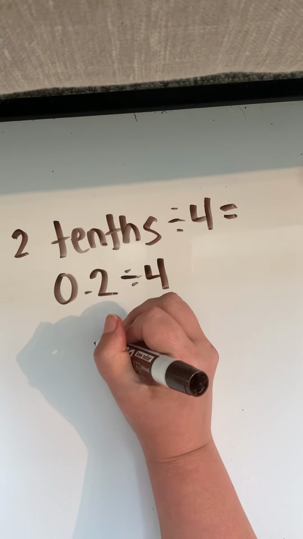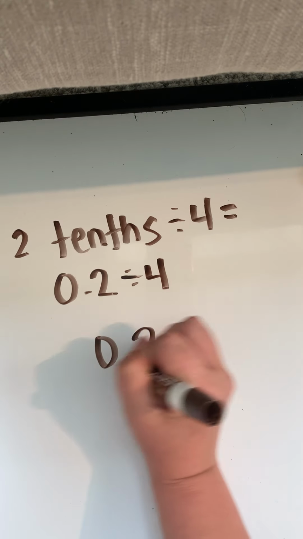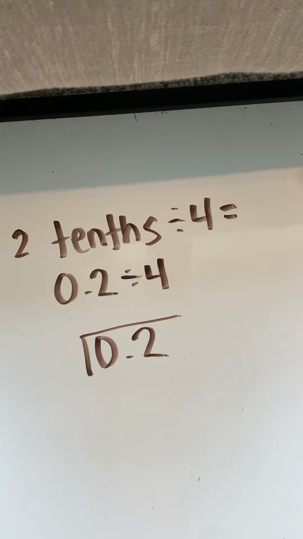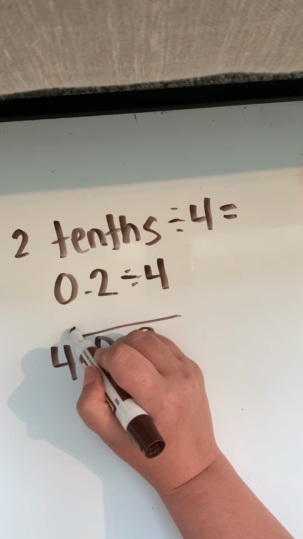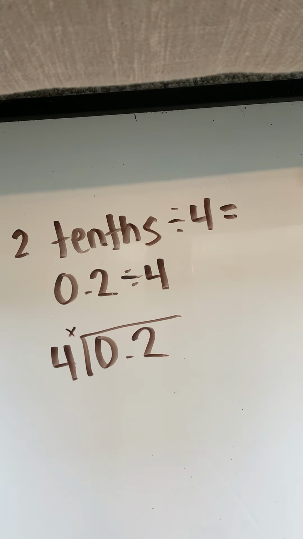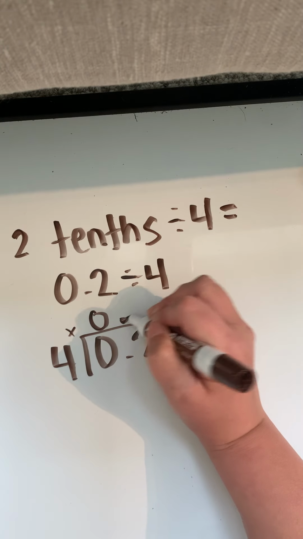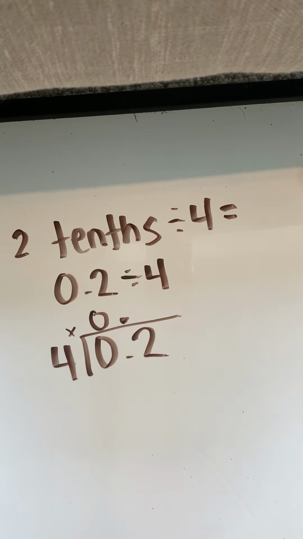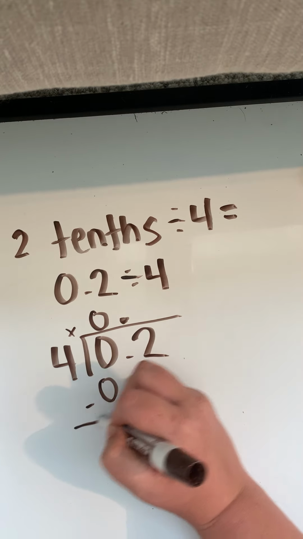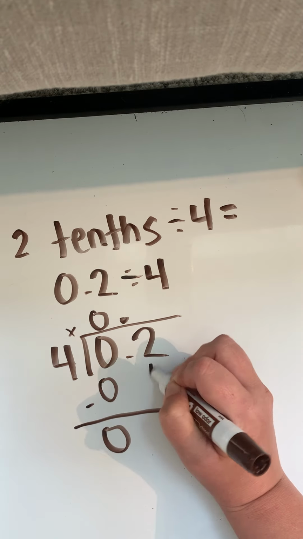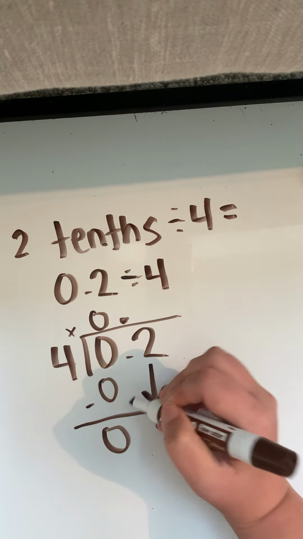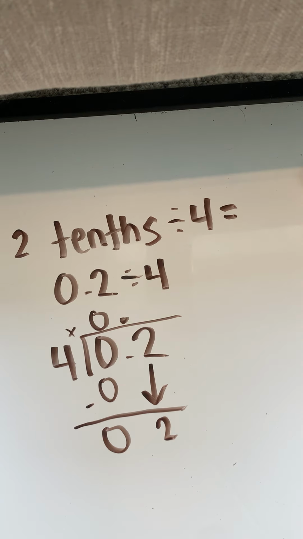Now I'm going to go ahead and set it up with my 0.2 or my 2/10 on the inside and 4 wholes or 4 ones on the outside. 4 times what gets me close to 0? Good, 0. Bring up my decimal. 4 times 0 is 0. Perfect. And I'm going to bring down my 2. Remember, I don't need to bring the decimal down.